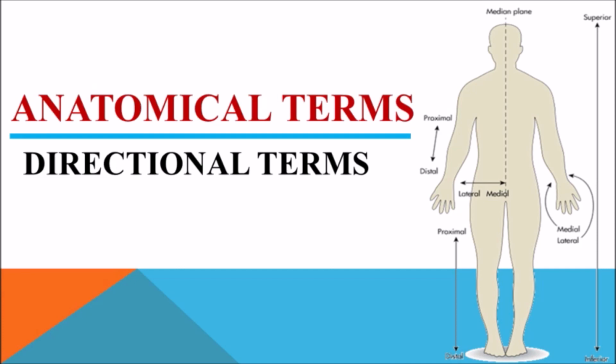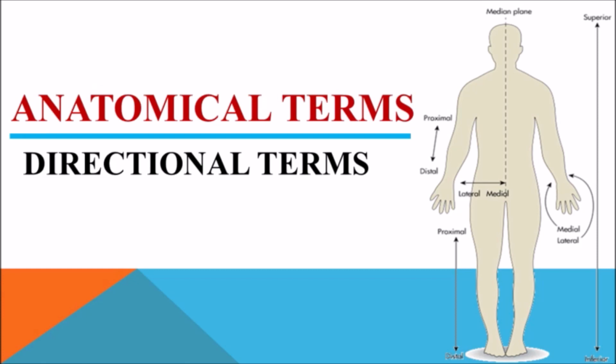Next, these identify where something is located on the body relative to another body part. So why are we using directional terms? Direction means these are telling us about a particular direction. We mainly use directional terms in order to decide the location of a particular organ in reference to another one.